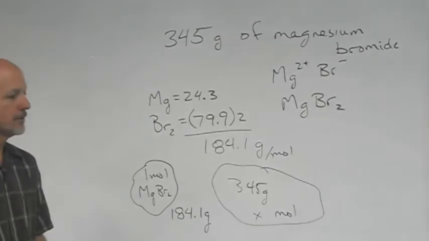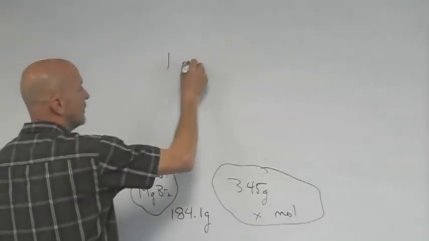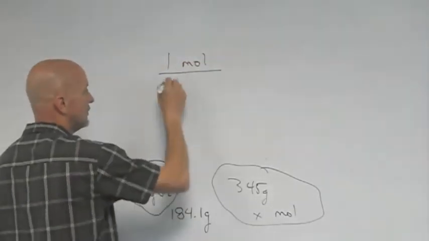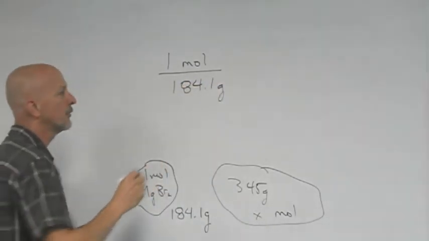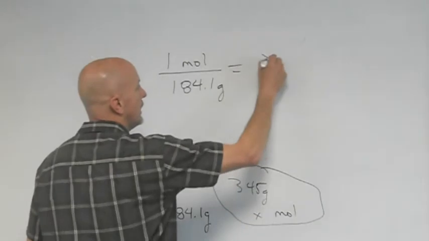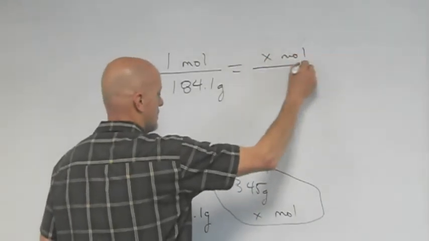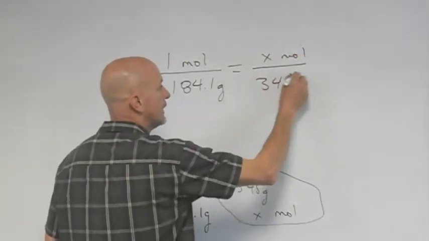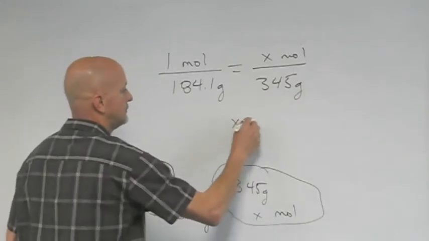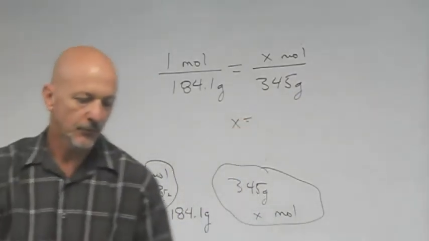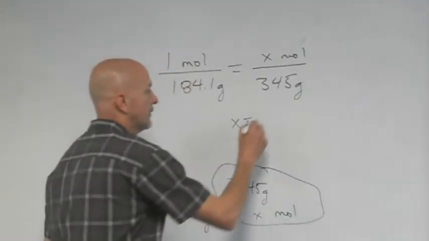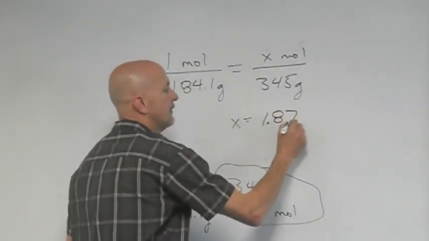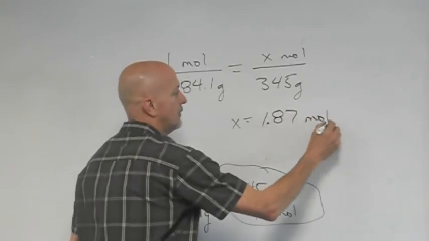We'll set up our proportion: 1 mole is to 184.1 grams as X moles is to 345 grams. We solve our proportion and we find that X equals 1.87 moles.